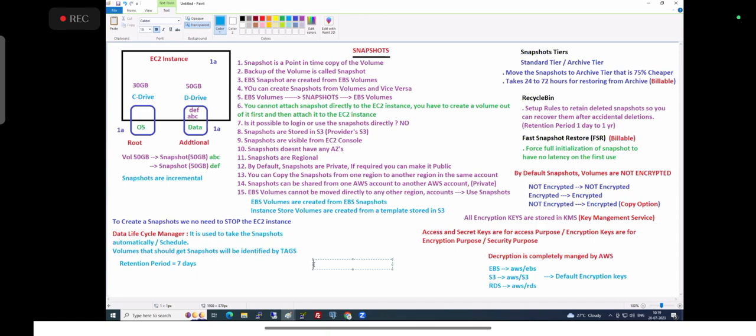No, because I'm using my own encryption keys. How can I share the snapshot with him? Encrypted snapshots cannot be shared. Certification question: encrypted snapshots cannot be shared.